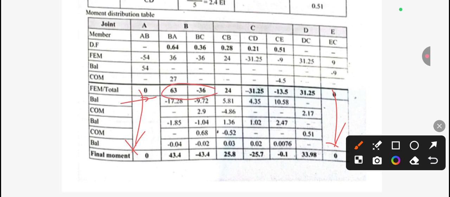It means at B we need to add these two values. After adding we get some value, and we multiply with the distribution factor. So we get this one, change the sign and keep it over here. Again for BC, add all the members' total fixed moment, multiply with the distribution factor, change the sign and keep. Similarly for joint C, we have three different members. Add these three members, change the sign, multiply with the respective distribution factor and put over here.